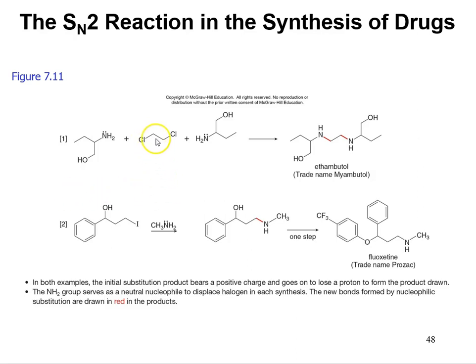It happens 2 times, one for each of the electrophilic carbons, one nucleophile's lone pair, the other nucleophile's lone pair, to result in this product, a drug with the trade name Myambutol.